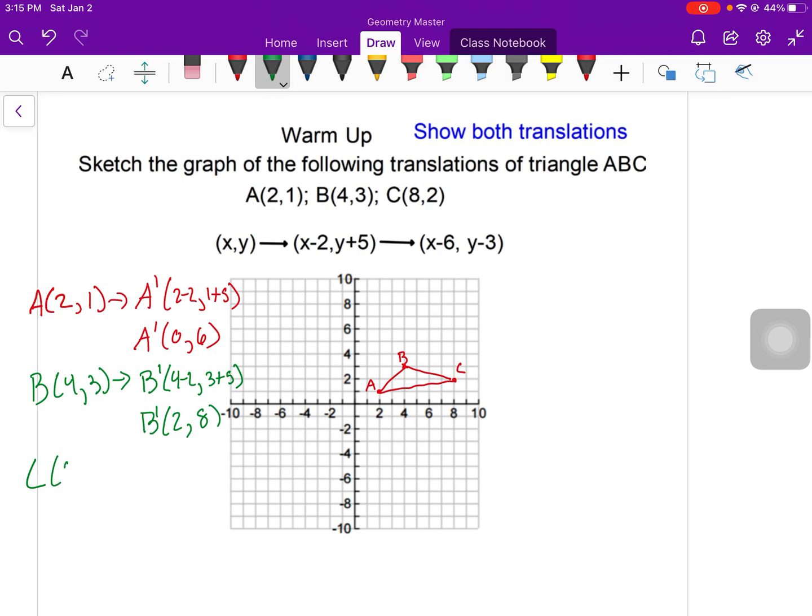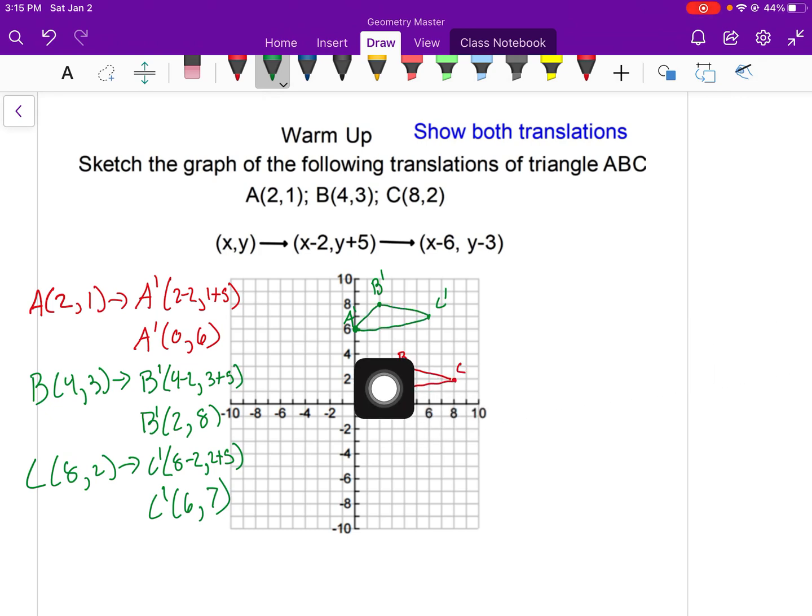And then C, which was 8, 2, is going to go to C prime, 8 minus 2, 2 plus 5 is 6, 7. So I'm going to graph A prime, B prime, C prime in green. So 0, 6 is A prime, 2, 8 is B prime, and then 6, 7 is C prime.